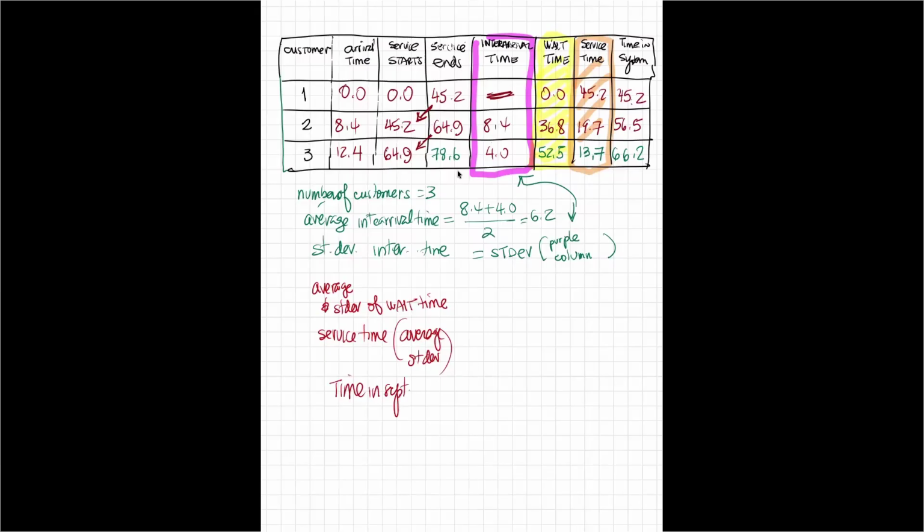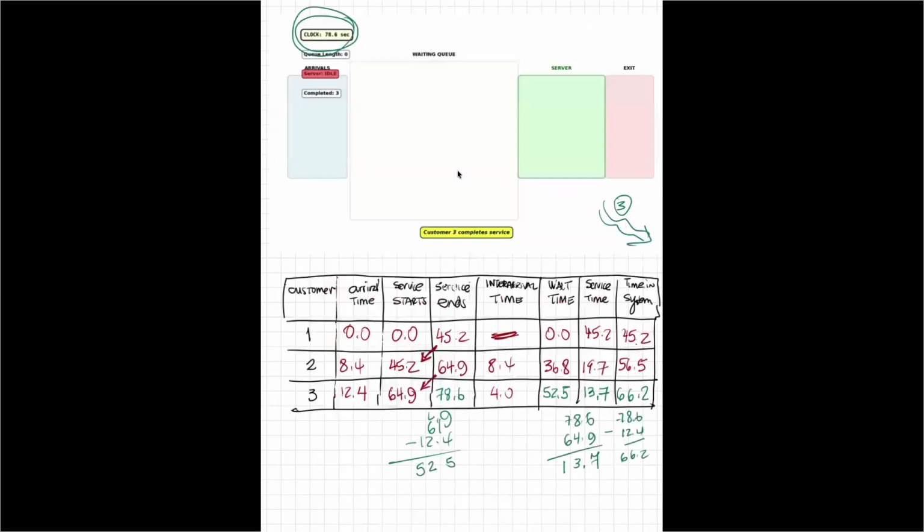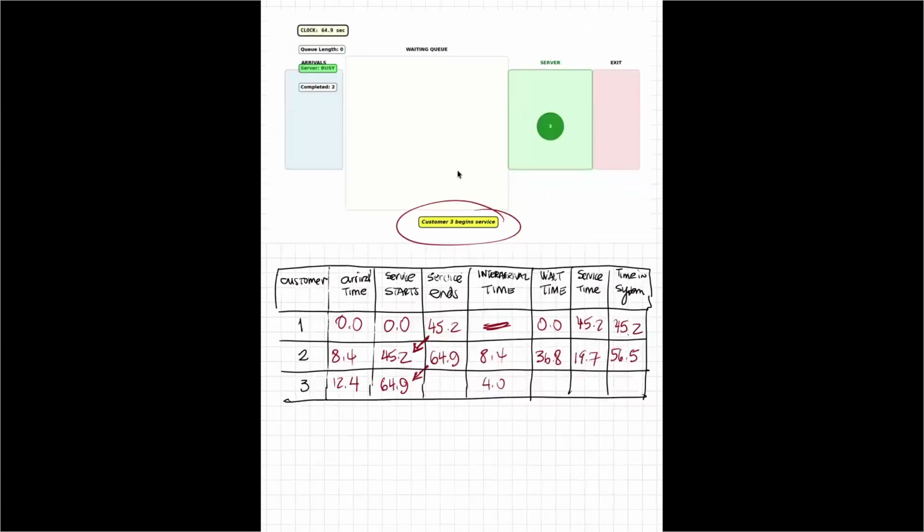Okay. We can also perhaps talk about the minimum queue size, which was 0, right? It happened a couple of times when nobody was there in the system. There's nobody there right now, right? This is the queue.